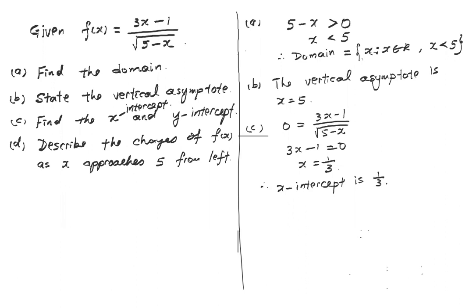Okay, so does the y-intercept exist? Yes, because x equal to 0 is part of the domain. Am I right? So the y-intercept will be f(0). So it will be 3 times 0, take away 1, divide by square root of 5, take away 0.